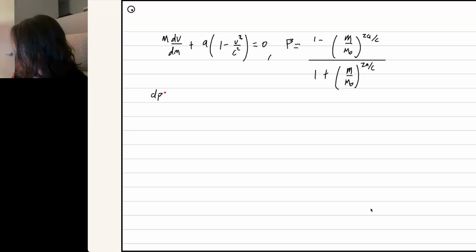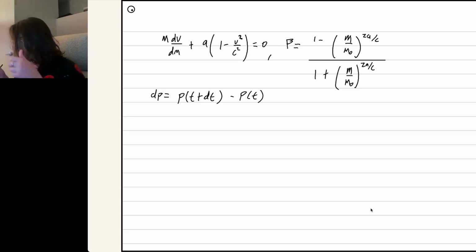exercise 13 because it starts the same way. You're starting with the differential of momentum, which is going to be the momentum at a time t plus dt minus the momentum at time t.